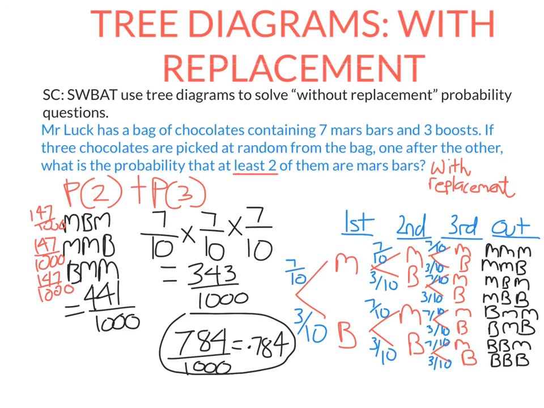And that's my final answer. So yes, if you wanted to go this way and just do what we did using independent events, that's fine. It's just that tree diagrams are a good way to display all of the possible outcomes, because sometimes it's easy to forget one or more of these outcomes.